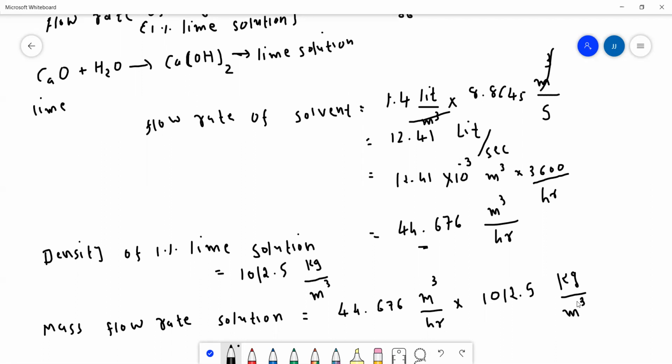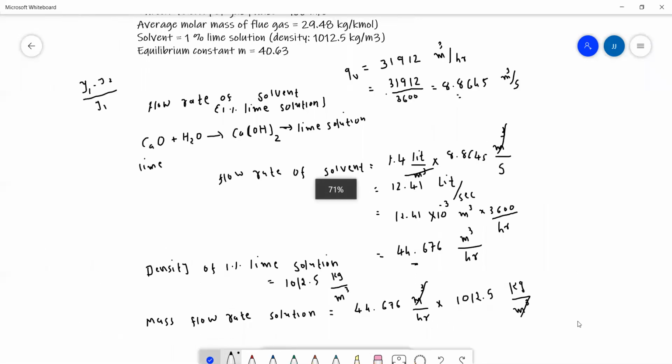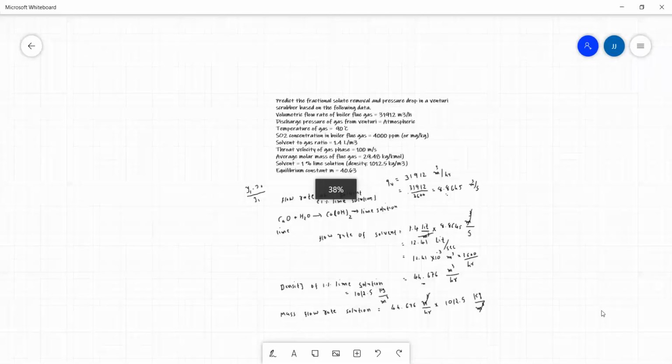If you multiply this, the meter cube will get cancelled out, and you will get kg per hour, the mass flow rate of solution in kg per hour.